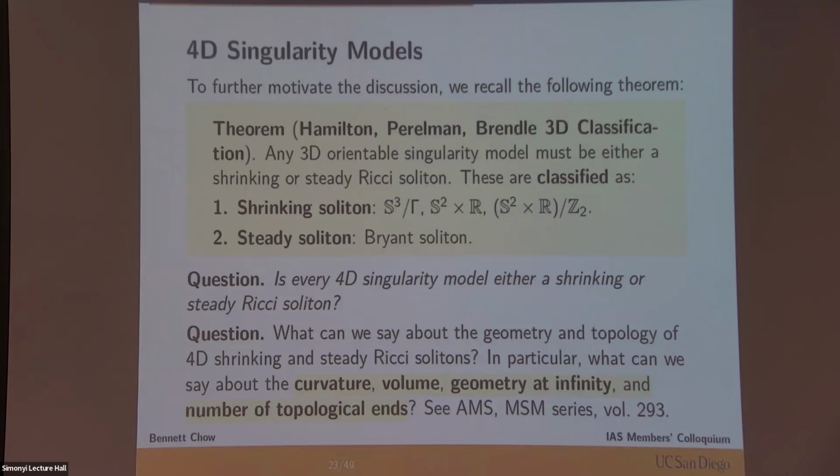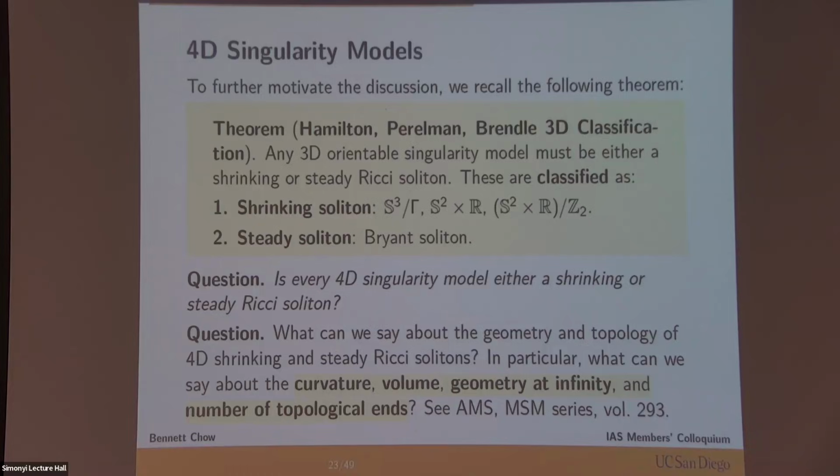The Bryant soliton, by the way, is rotationally symmetric, paraboloidal, and has linear curvature decay. Okay, so you could pose the question whether every 4D singularity model is either a shrinking or steady Ricci soliton. Perhaps this is not the right question to ask, but I think it's still unknown.